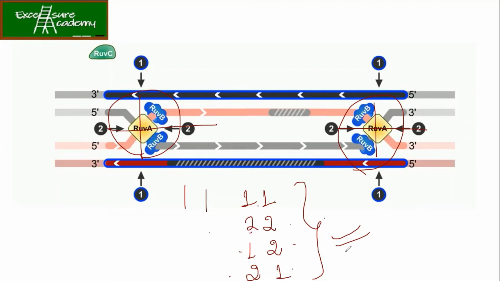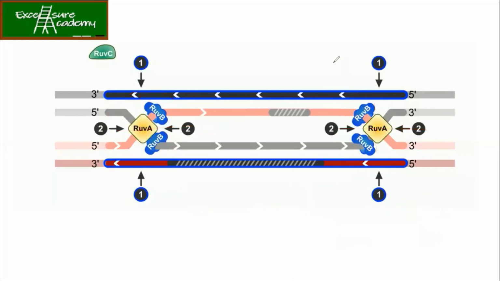Now what we have to see is, among these 4, which is going to be your splice recombinants and which is going to be your patch recombinants. Okay, clear?